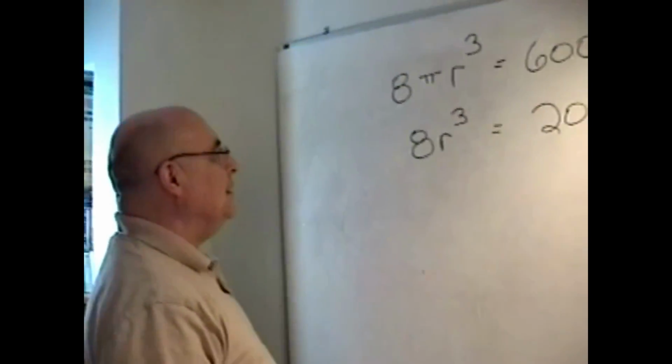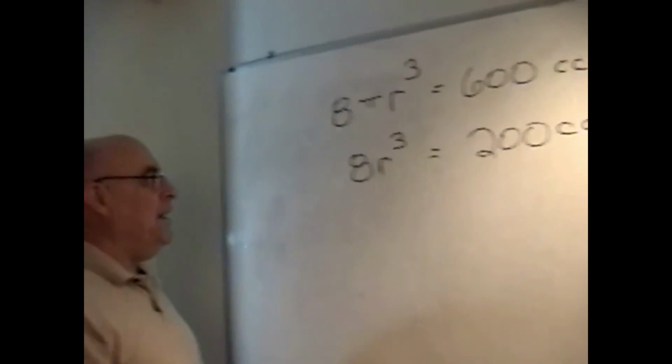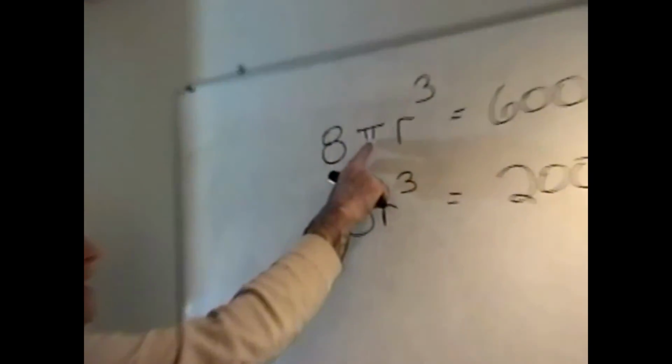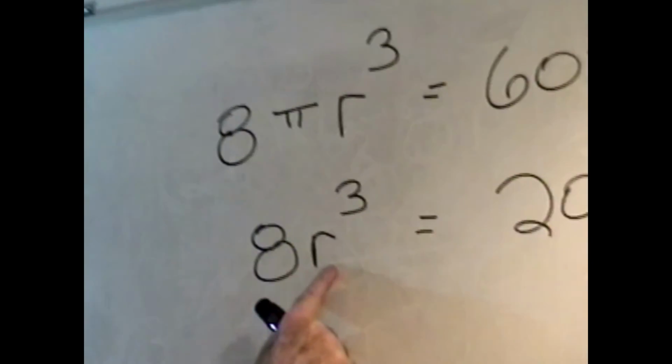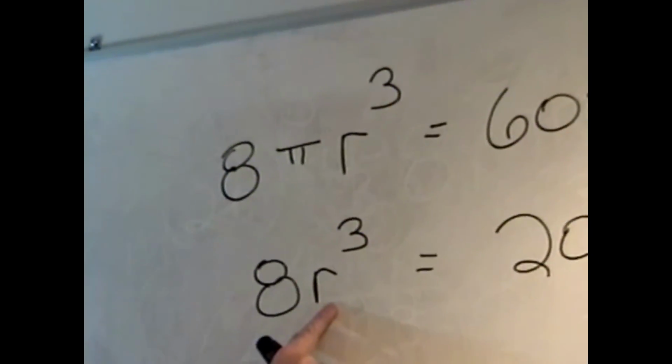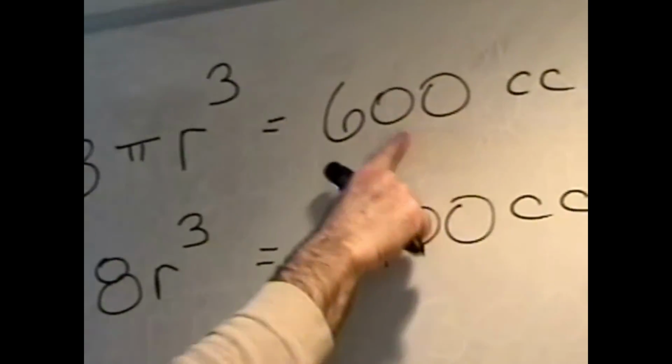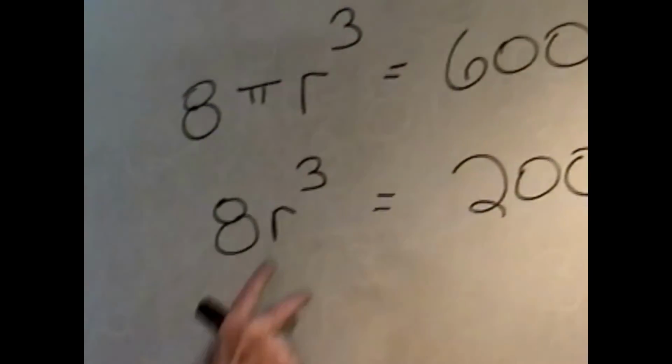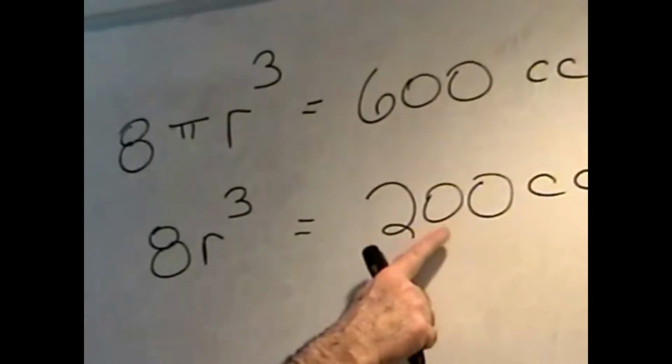So, we should be able to maintain an equality if we divide the 8 pi r cubed by 8r cubed, and divide the 600 cubic centimeters by a value equal to the 8r cubed, which is 200 cubic centimeters.